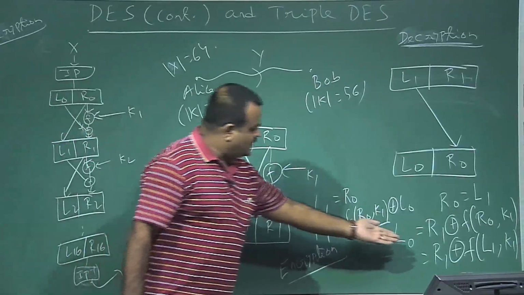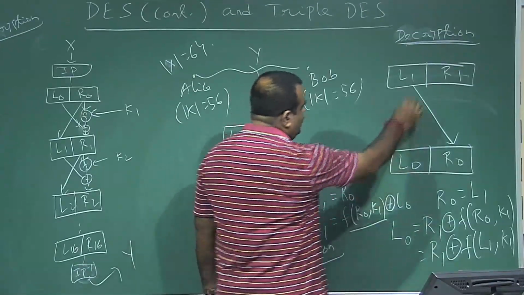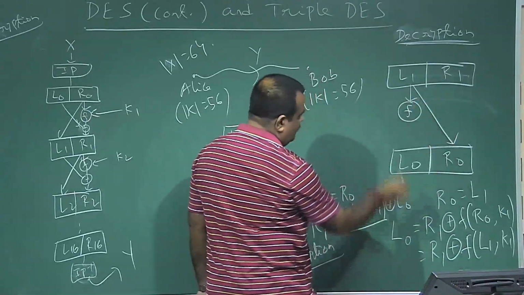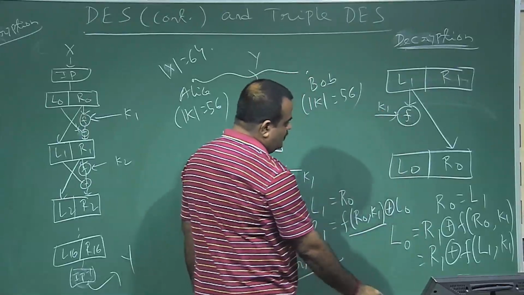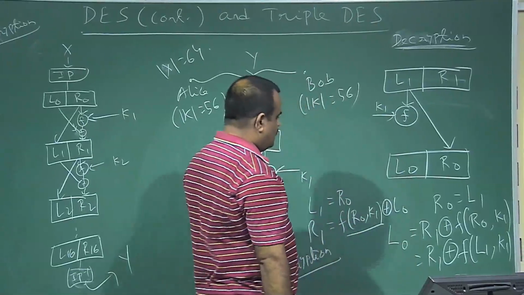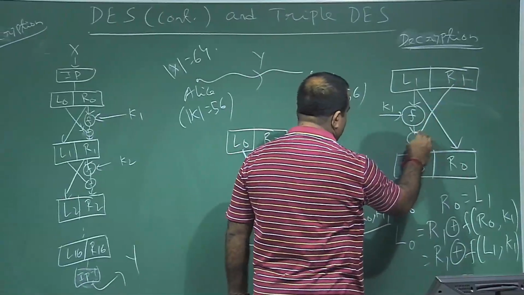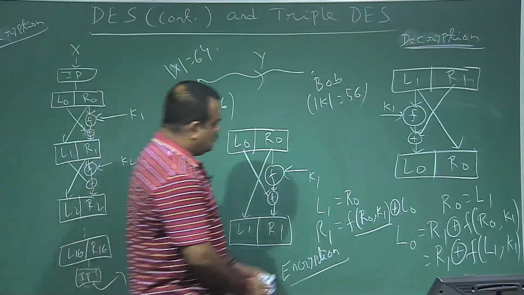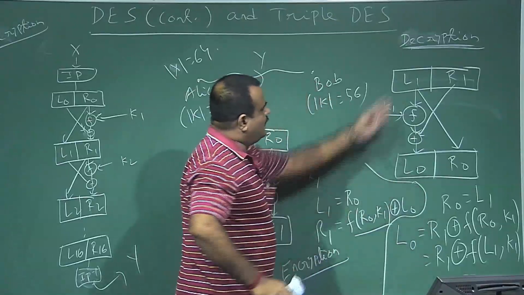We just apply f on L1 with the round key K1, and then we XOR with R1, bitwise XOR, and this is our L0. So we got both L0 and R0 from L1 and R1.